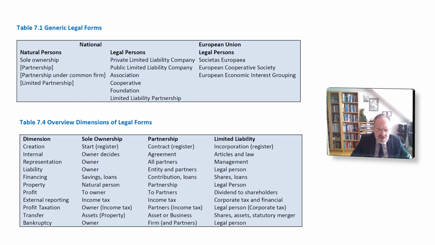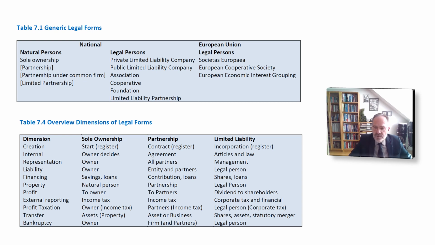although the decision can also be summarized rather simply. If you're small, do not run a lot of risk, do not have too much money, a sole ownership is the best option. If you cannot run the business on your own and you would like or must cooperate with others, and you're still small and simple and there's not too much money involved, go for a partnership.